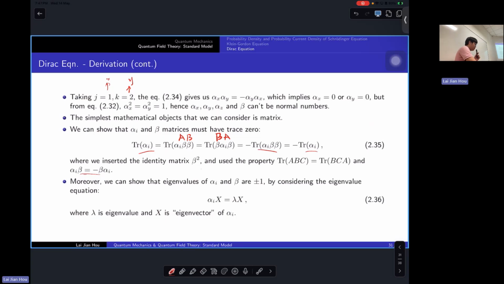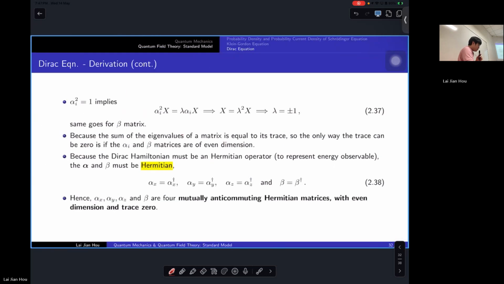Moreover, if we apply alpha i on the eigenvector to give us the eigenvalue, and because alpha i squared is equal to 1, applying it two times, because lambda is just a number, the eigenvalue lambda equals positive or negative 1. And the same goes for beta. So far we have that alpha and beta are traceless matrices with eigenvalues of plus or minus 1.